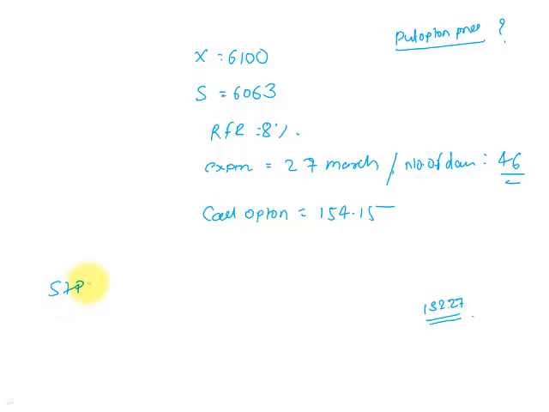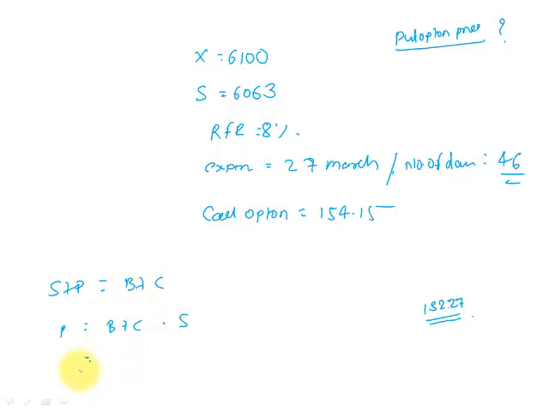S plus P is equal to B plus C. So P is equal to B plus C minus S. B would be the present value of 6100 for 46 days. Second, clear TVM, 6100 future value, 46 divided by 365 n, 8 IY, compute present value.